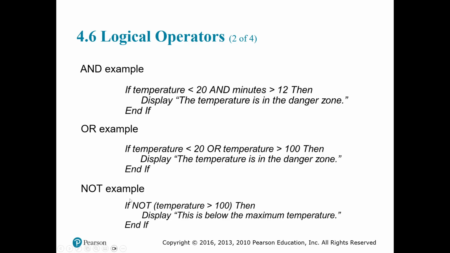But since we have a not here, we will turn this false into true. Just flip it. So the condition is false, we put not in front of it, it's going to flip the result. So we had a false and then we're going to have a true. And then since it's true, the code will execute. This is below the maximum temperature.